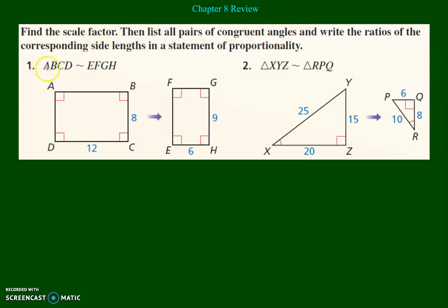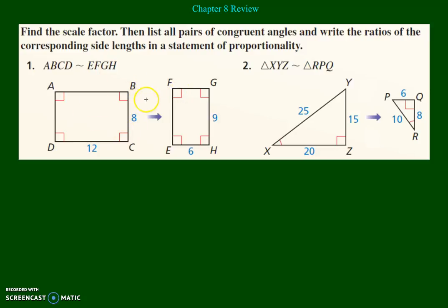What we're going to do is use this similarity statement as our guide. This is going to be our map to determining which sides correspond to what sides in these 2 figures. For example, AB would correspond to EF, and BC to FG, and so on.